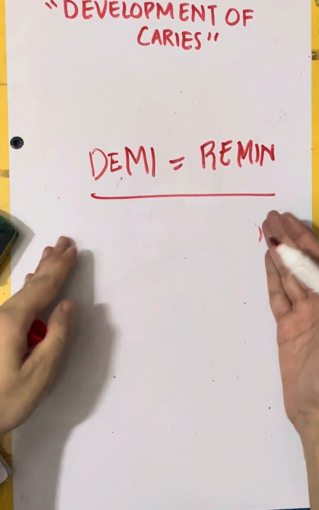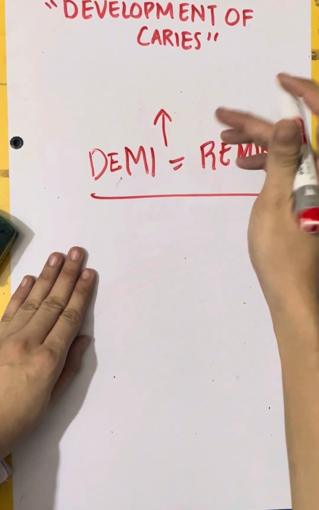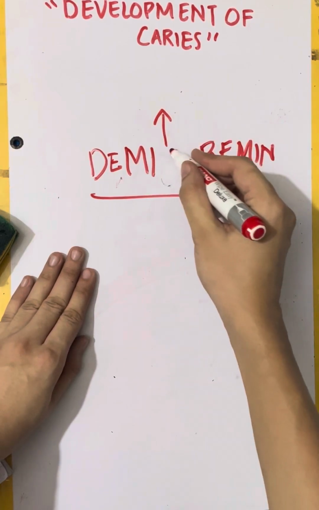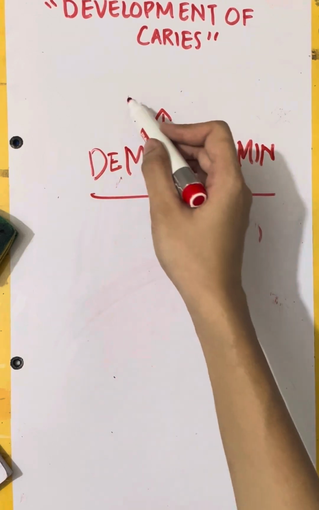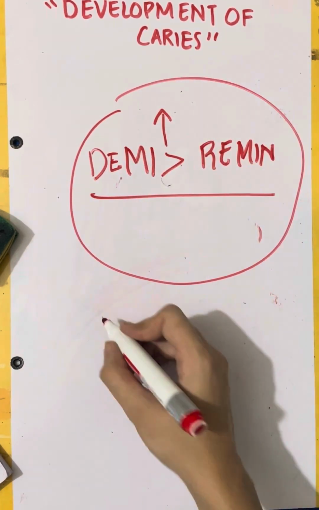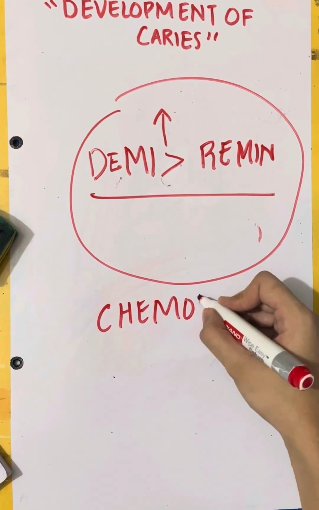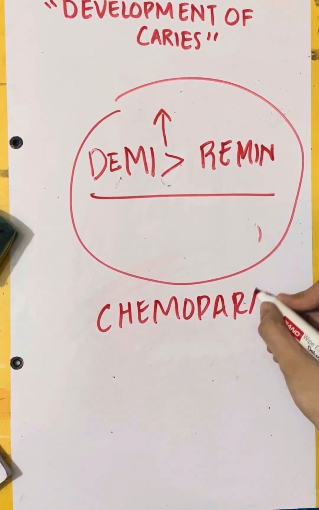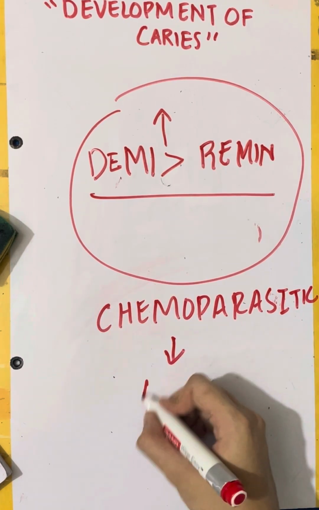If this balance is disturbed, if demineralization starts occurring, then caries will occur. So this all was known as the chemoparasitic theory, which is nowadays known as the acidogenic theory.